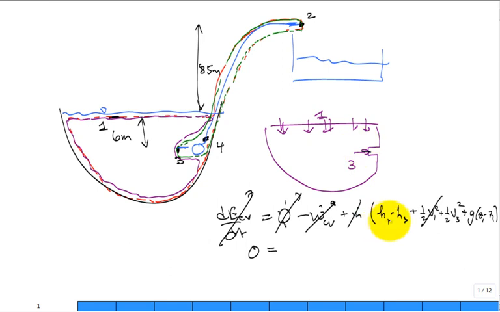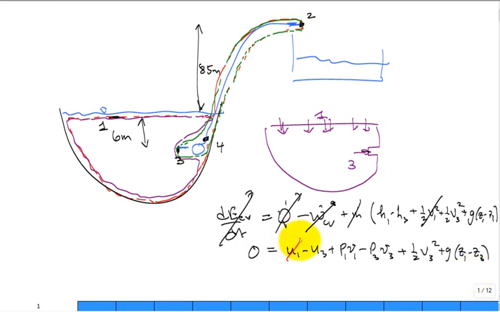Let's talk through this H1 and H3. It's U1 minus U3 plus P1 V1 minus P3 V3 plus 1/2 V3 squared plus g times Z1 minus Z3. Did I do that right? You follow?